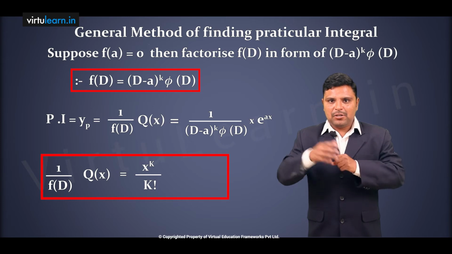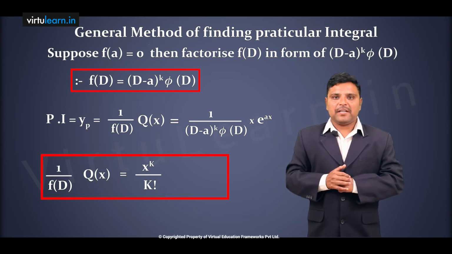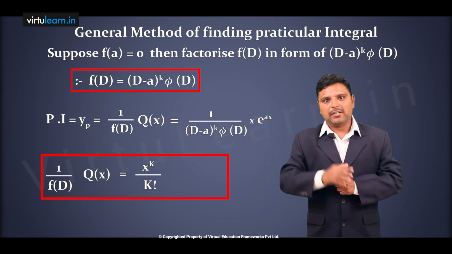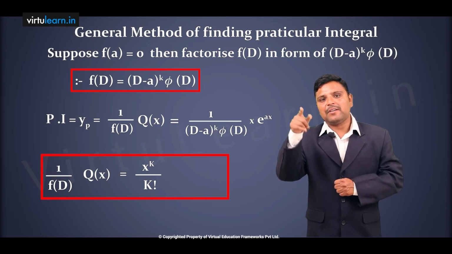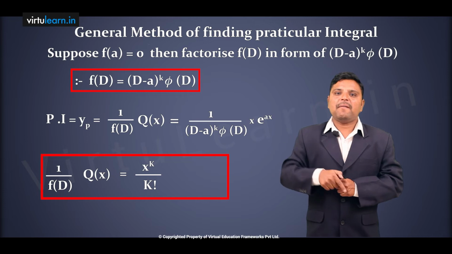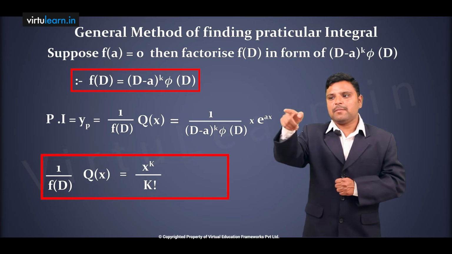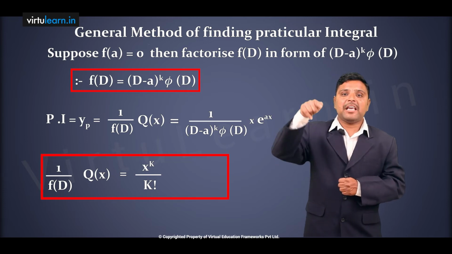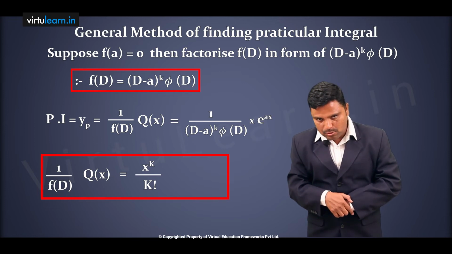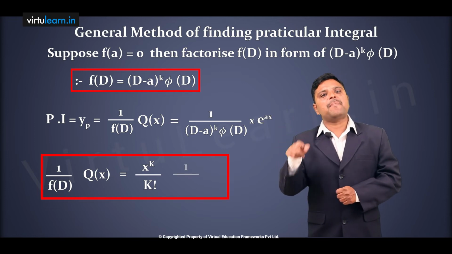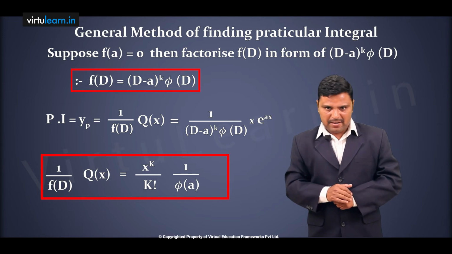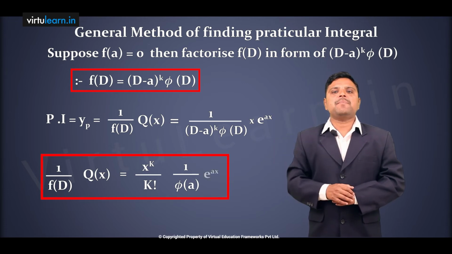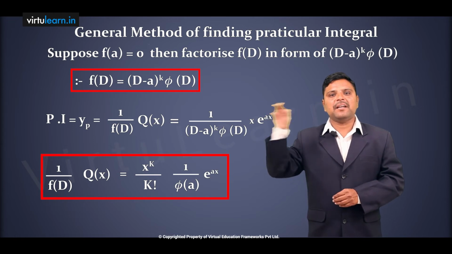If the factor is 0 when you substitute the coefficient of x, a, that is, the part (D minus a) whole power k is 0, then the power of that factor is k. If the power is 2, it is x square by 2 factorial. Here the power is k, so x power k by k factorial into, again, 1 by phi of a. In place of D, I substitute a again: phi of a into e power ax. Here again phi of a is not equal to 0.